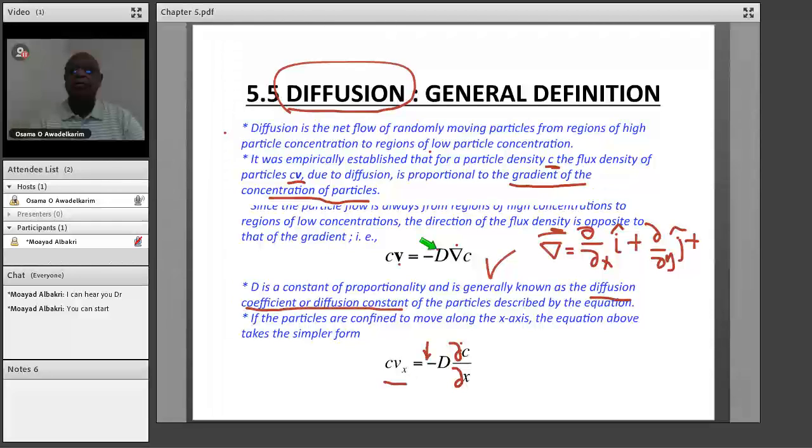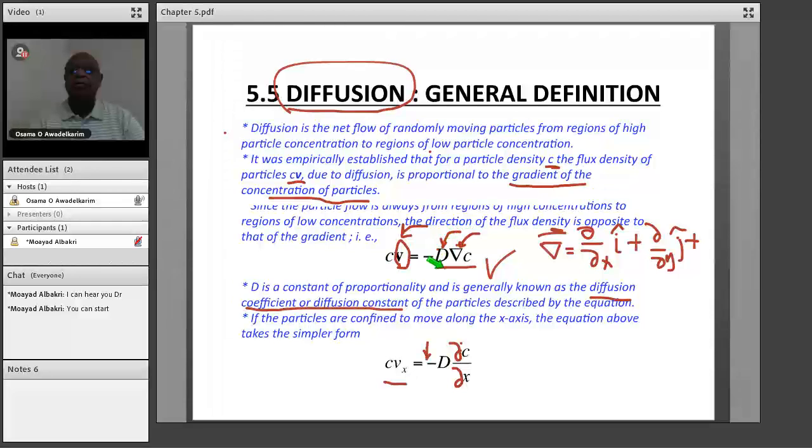when it's driven by gradient, when there is diffusion. So CV equals minus D grad C. So in diffusion, V is actually given as D grad N or grad C over the concentration. So in diffusion, the velocity V is not given by mobility like in the drift. It's given by a diffusion coefficient and the gradient of the concentration.